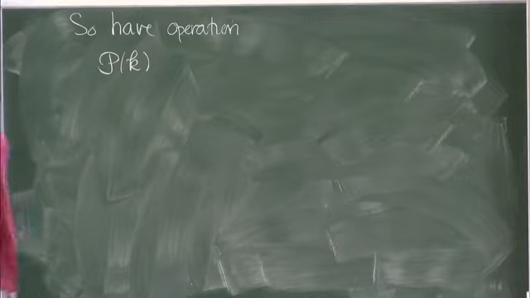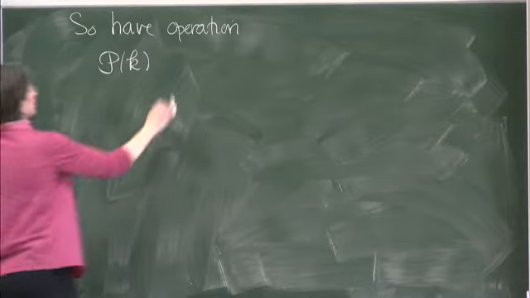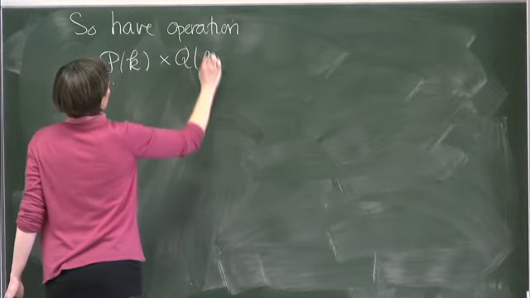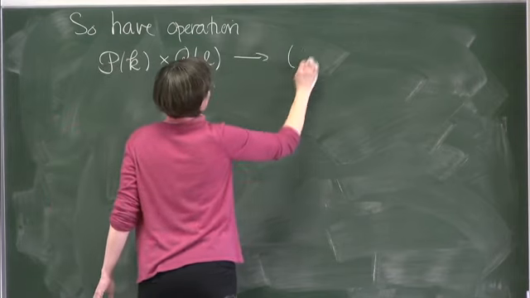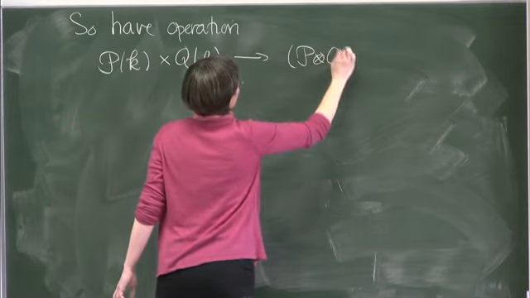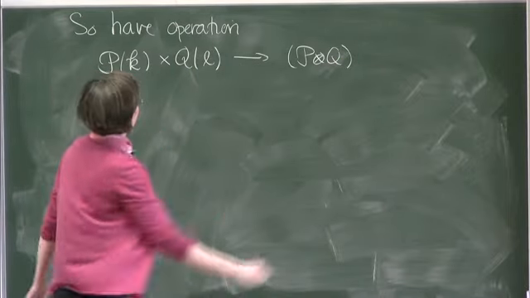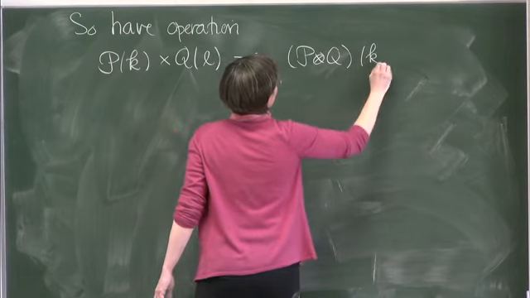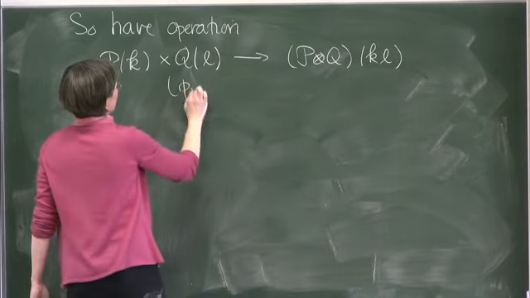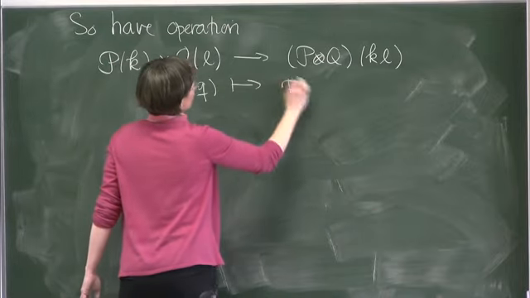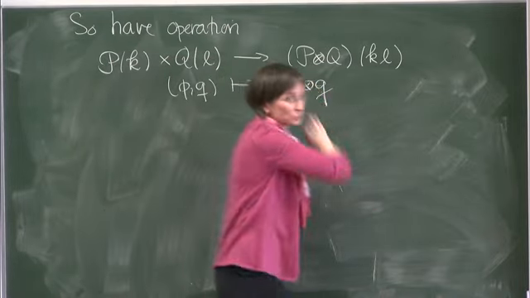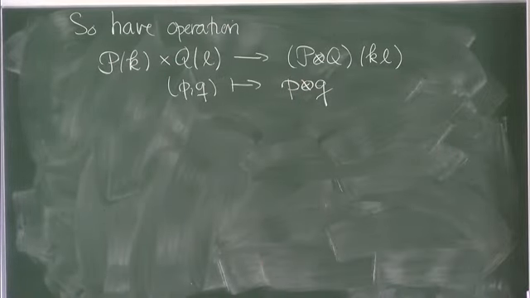The things in P of arity K crossed with the things in Q of arity L go into the things in P tensor Q of arity K times L. That takes (p, q) to p tensor q.